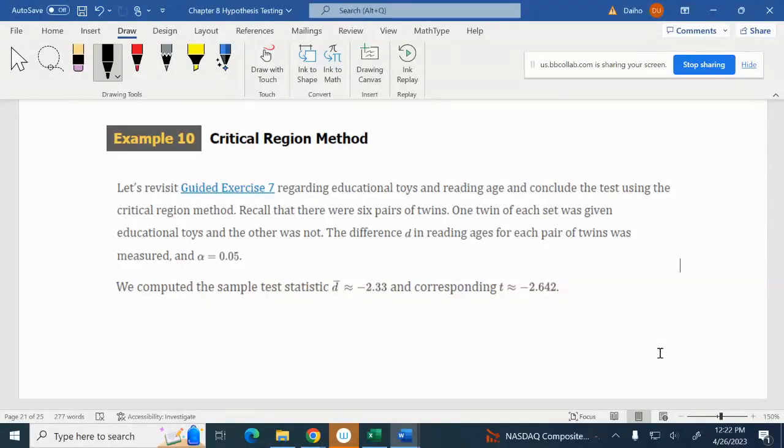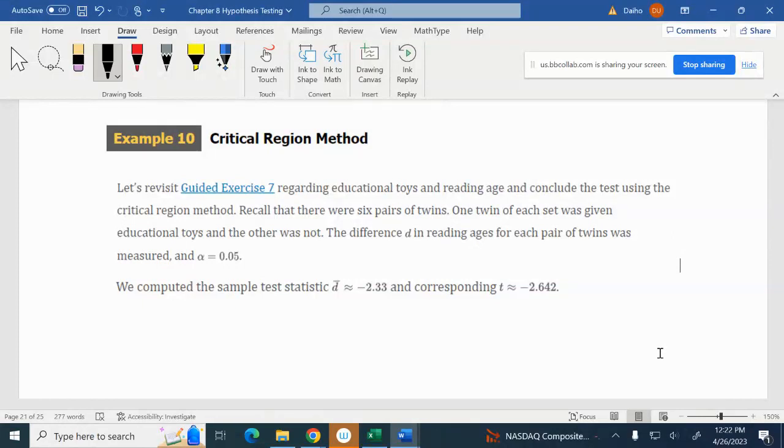Randomly assigned, one is here and the other one is there, right? Assign the toys and not, randomly. So the mean difference of the reading age is negative 2.33. This example gives us the test statistic, negative 2.642, from the mean difference.